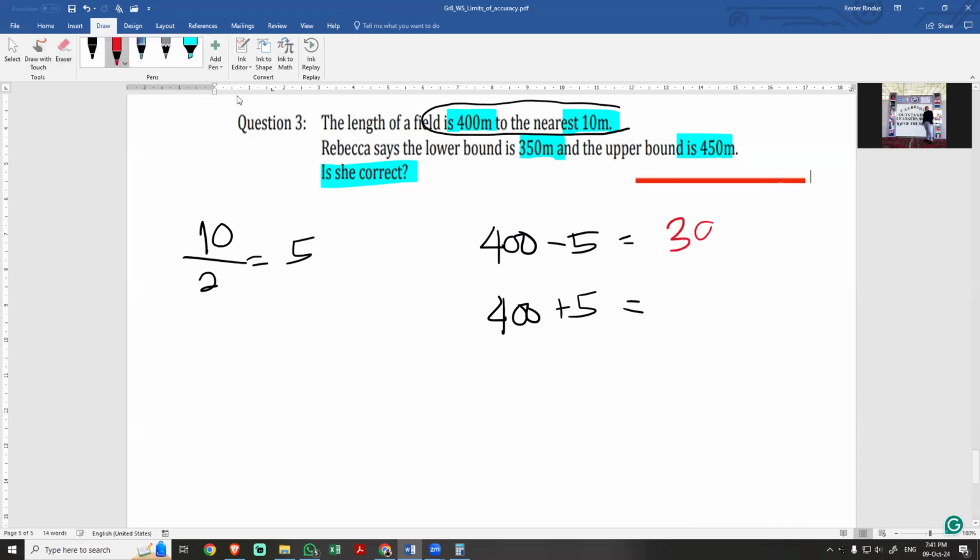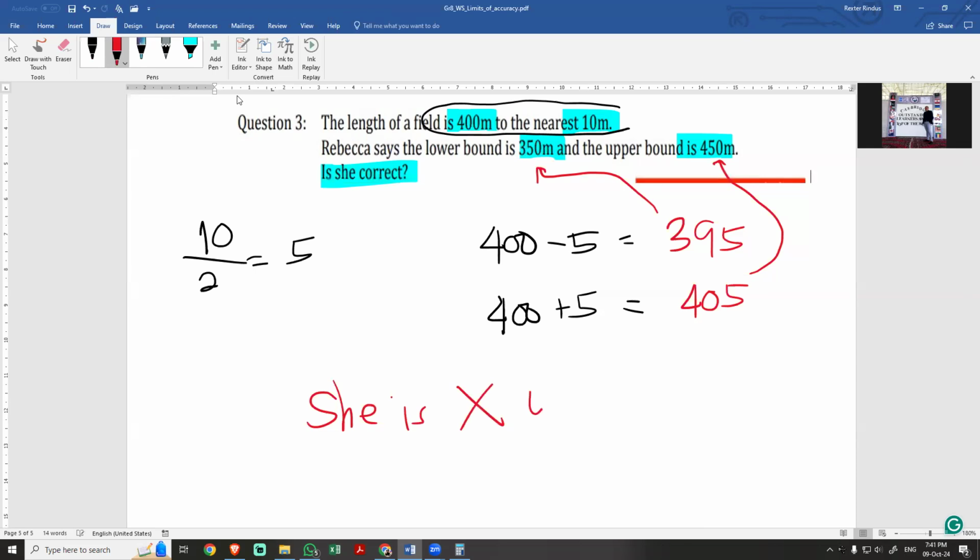It's going to be 395 and 405. So is this number the same as the lower bound that she put? Is this the upper bound that she put? If the answer is no, then she is wrong. Okay, she is wrong in her assumption that the lower bound and upper bound are 350 and 450.